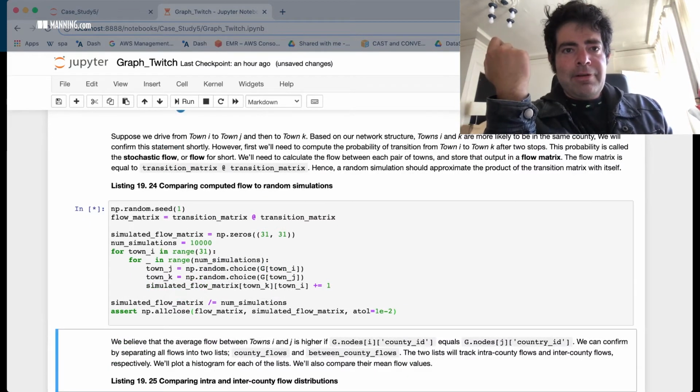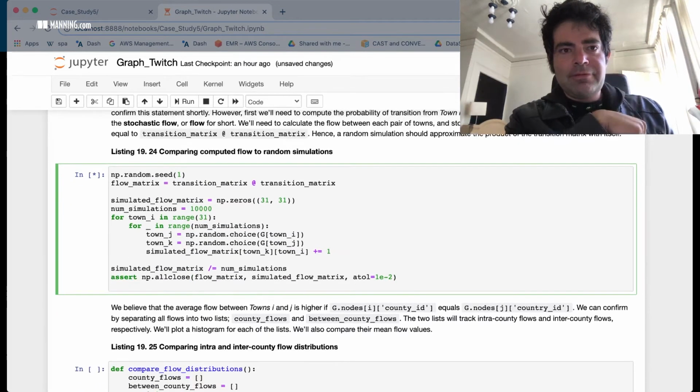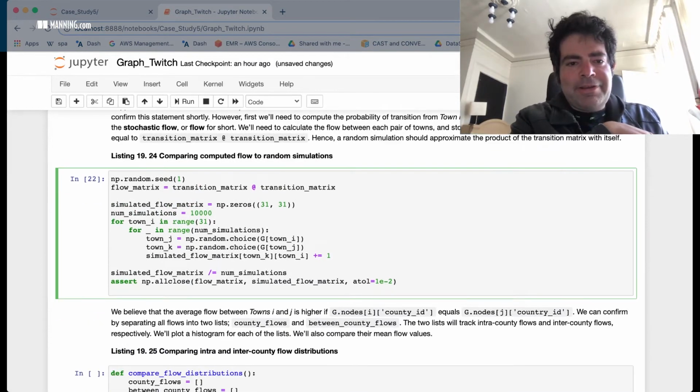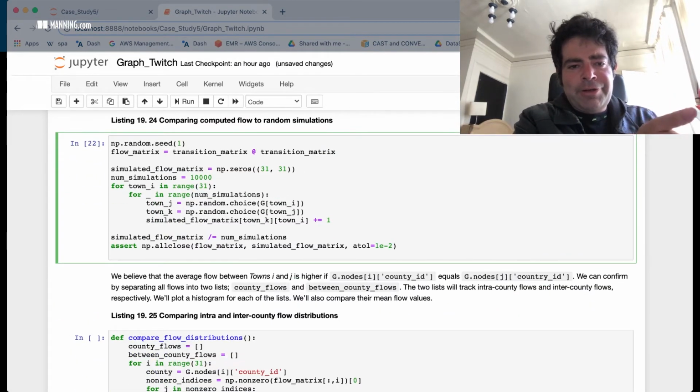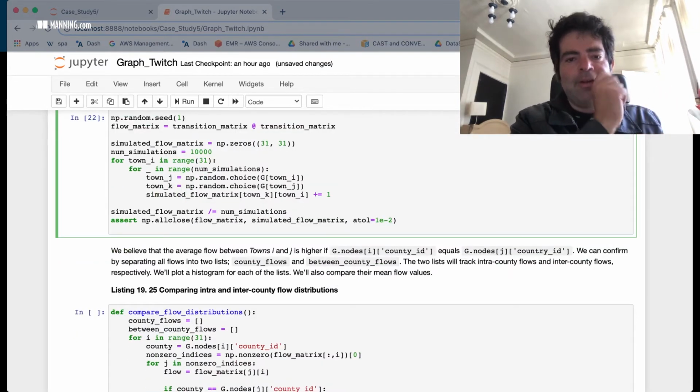The simulation takes a few seconds to run. But there, it's ran and the assertion didn't break. So yes, the transition matrix squared is equal to our definition of flow.